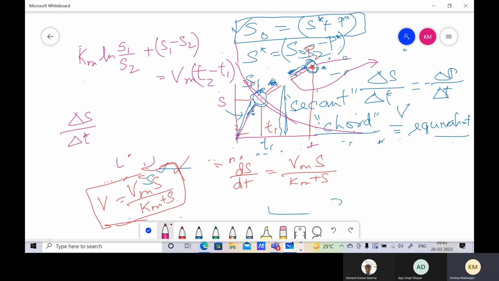ठीक है ना, ये कॉर्ड है, so this is this divided by this. भाई, आपको डिराइव करना है, मैं नहीं डिराइव करूंगा, I want you to derive it.